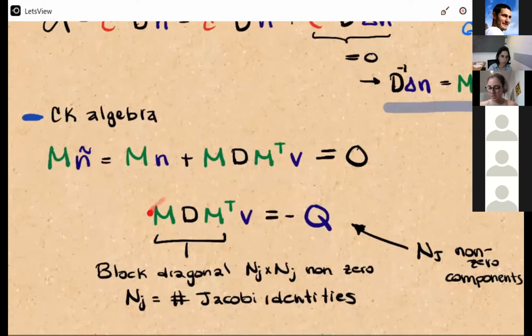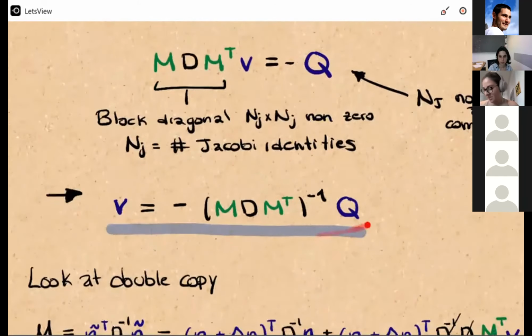So when you have to invert this matrix, you have to be careful of what are the components that you invert. You only want to invert the non-zero, and you want to see if it's invertible or not. Because remember, our goal was to find what V is. But for now, let's assume everything is fine. You can invert it, and you have now your result for your vector V that you want, which is given in this form.